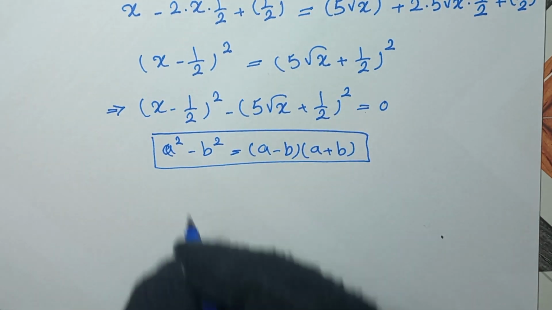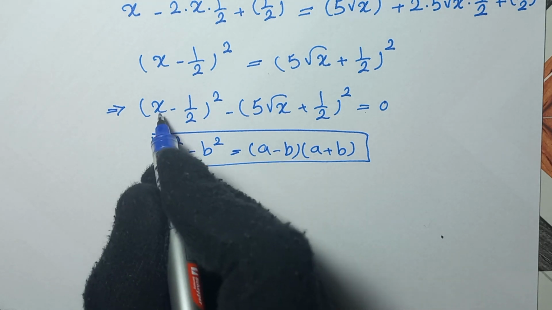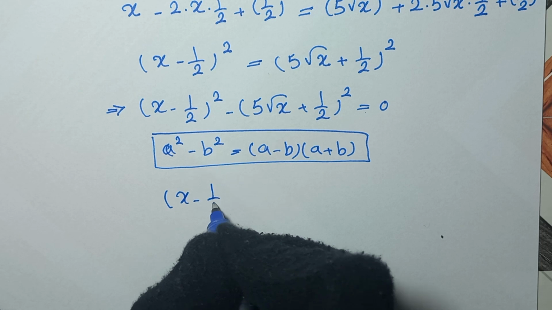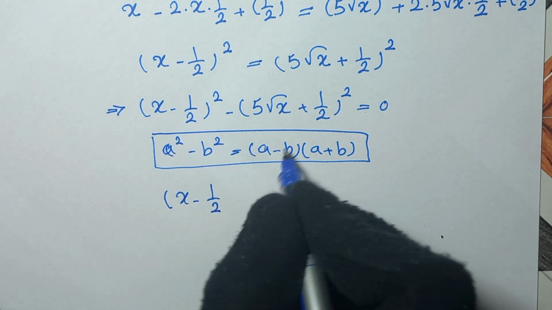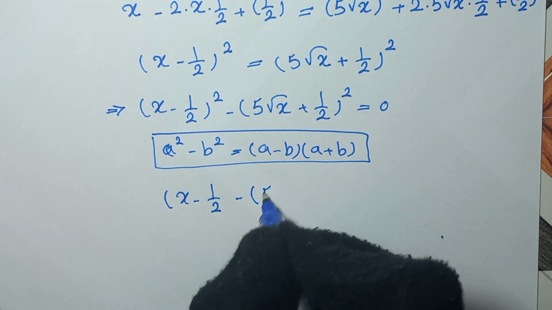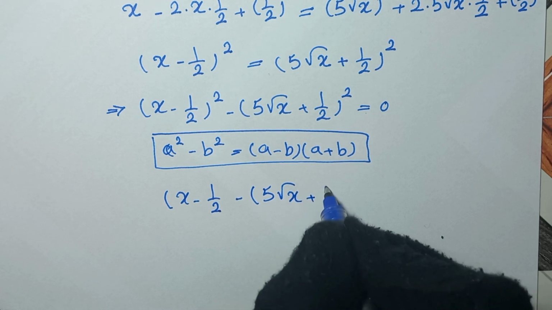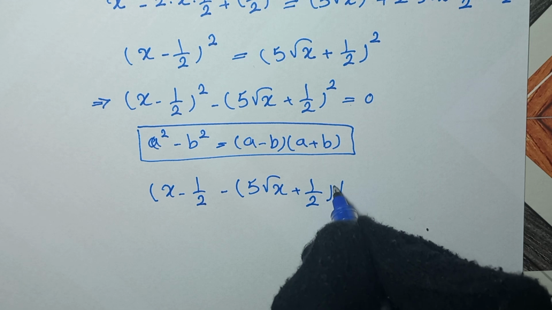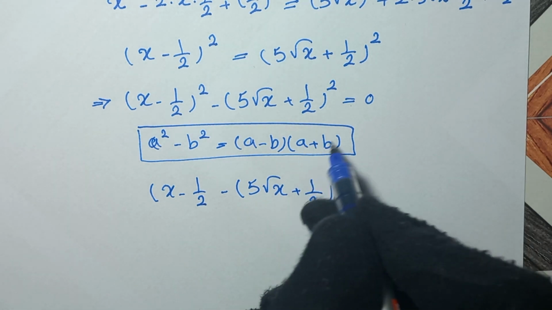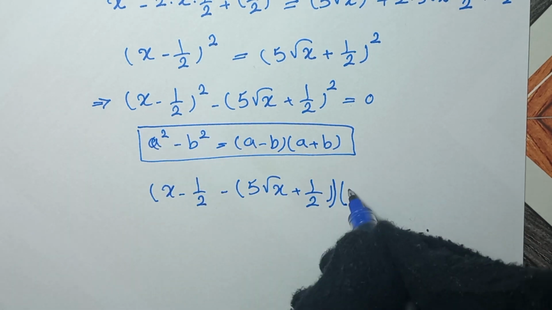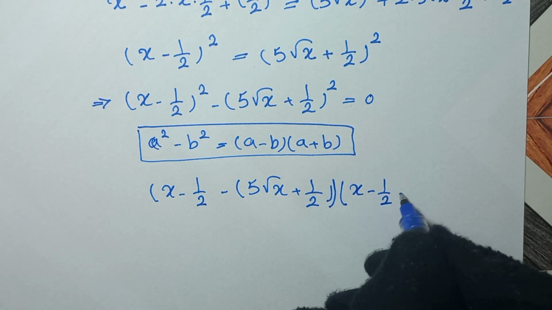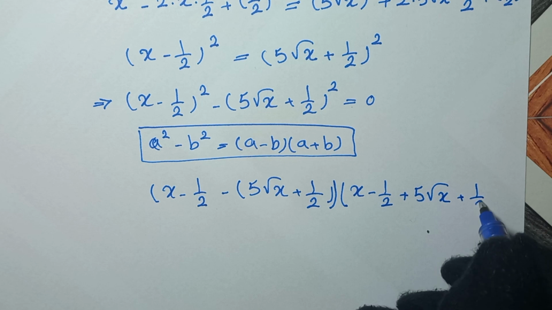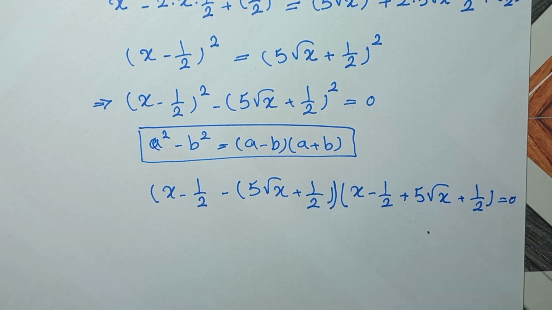So, a minus b will be x minus 1 over 2 minus 5 square root of x plus 1 over 2, times a plus b, which is x minus 1 over 2 plus 5 square root of x plus 1 over 2, is equal to 0.